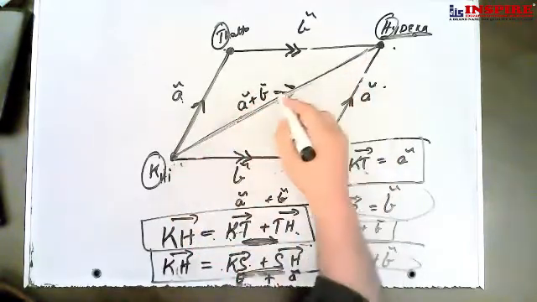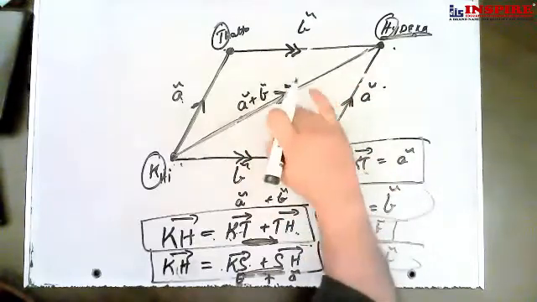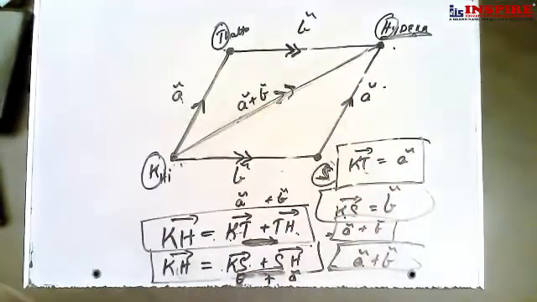The road that was not there is now defined as A plus B.